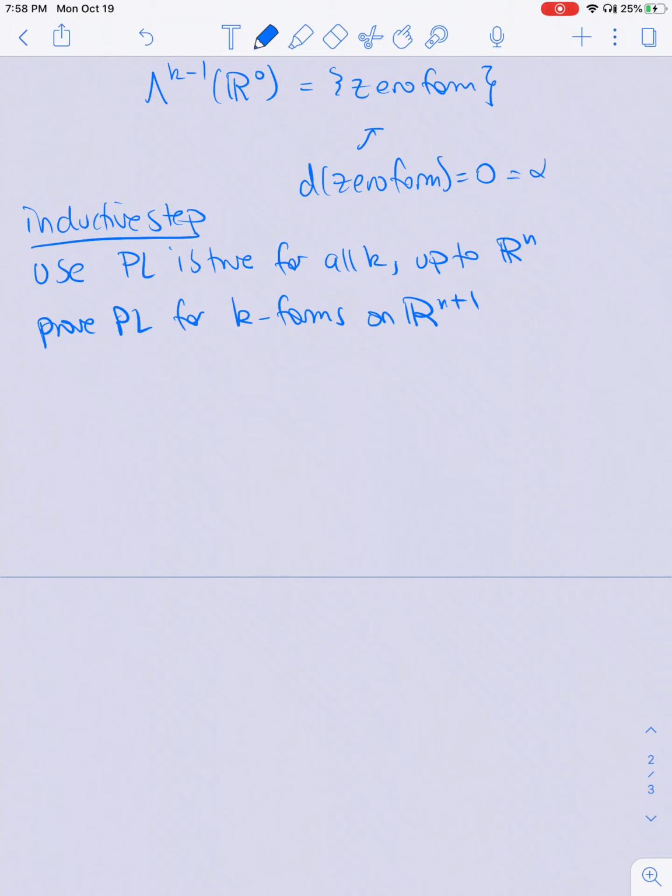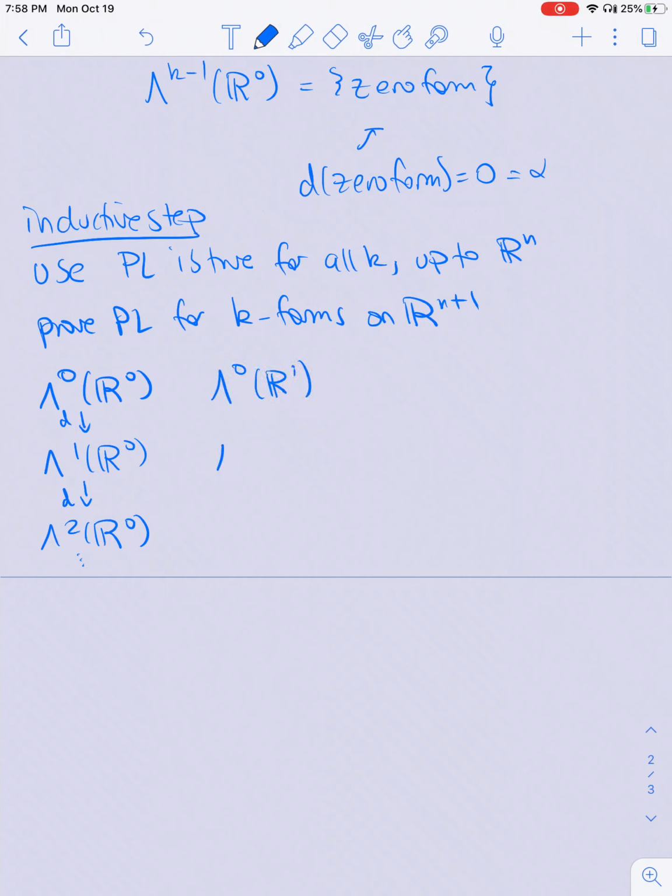It's helpful to visualize this as a diagram. So I have all my forms on R0 on this side, and so on, so I can continue this. d goes this way, and then I'm going to draw all of my 0 forms, 1 forms, and 2 forms on R1, and so on.